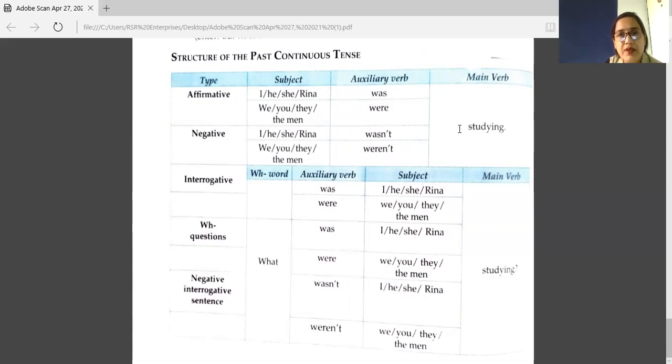Okay. Now, if you have to make negative, subject singular here, I, negative here, was not, or you can say wasn't. I wasn't studying, or she wasn't studying.